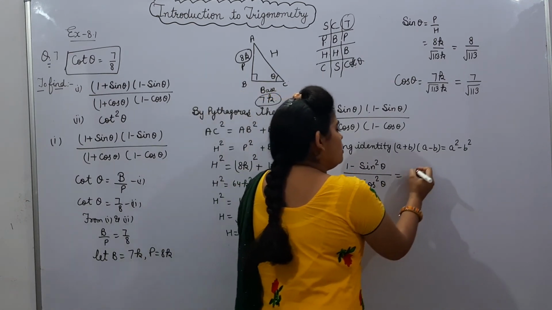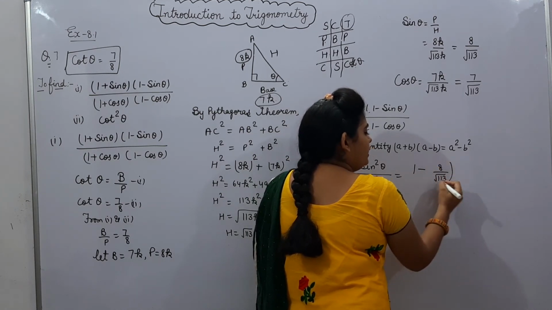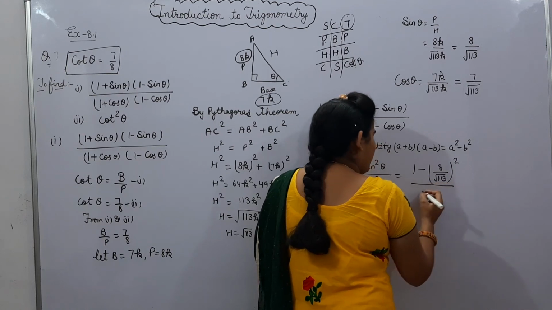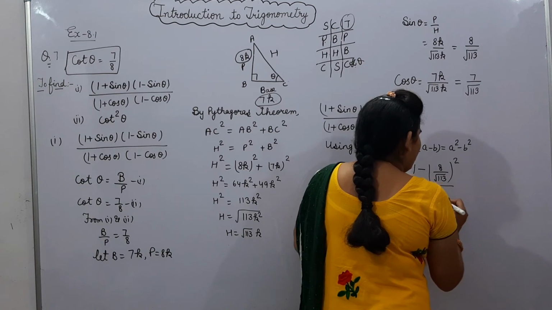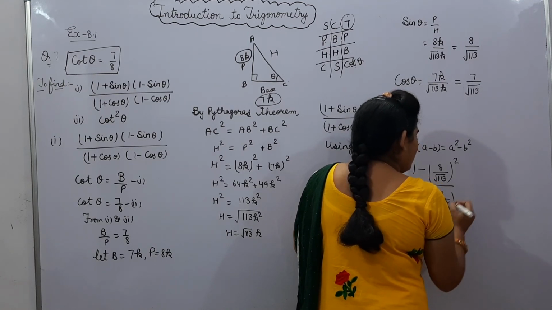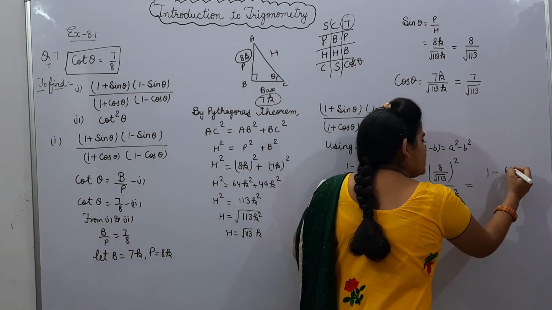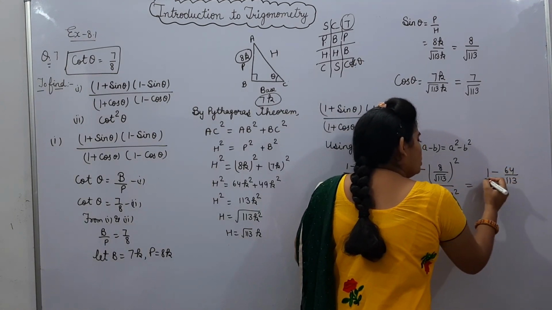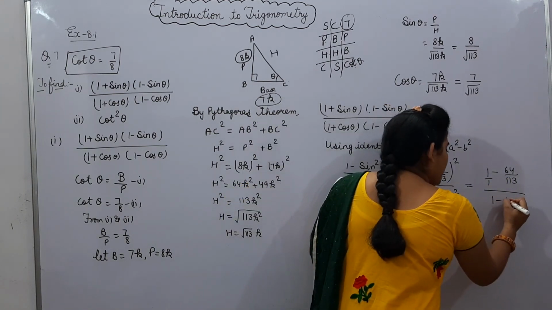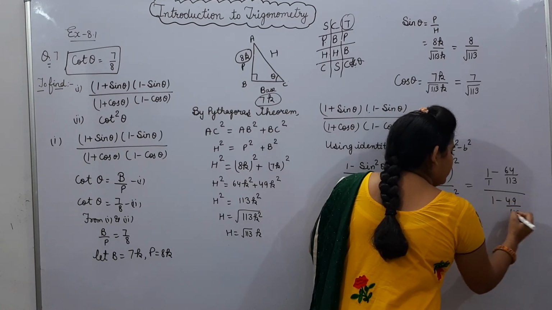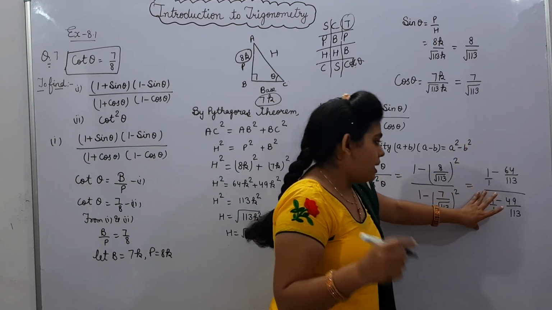Now simply we can put these values. Sin θ is 8 upon root 113 and its square, divided by 1 − cos² θ, where cos θ is 7 by root 113 whole square. Now on solving, we get 1 − 64/113, because on squaring the square root cancels out, and 1 − 49/113. We solve the numerator and denominator separately.